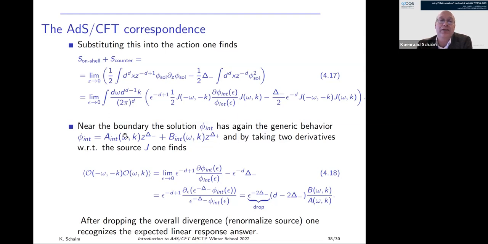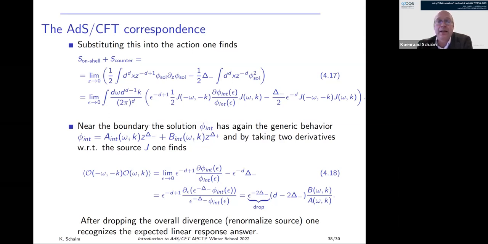And then there was another part, this phi whose boundary conditions were set by the interior. But at the boundary, at the other end, it still must decompose into an A part and a B part. Okay? Those are the two independent solutions.